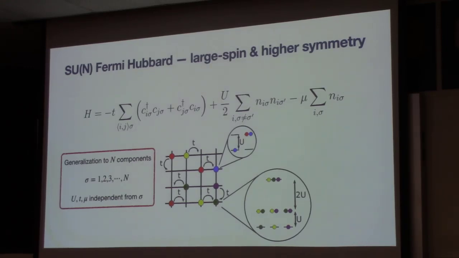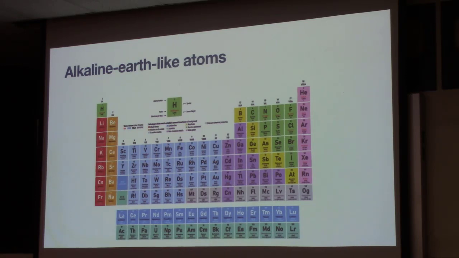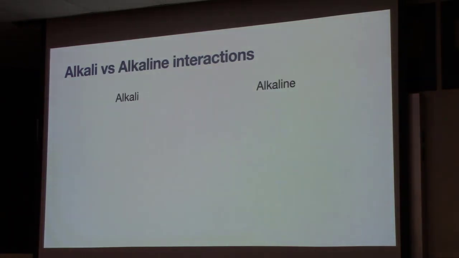So if we look at the periodic table, the atoms that are being used are strontium-87 and ytterbium-173, which have a large nuclear spin, in this case 9/2 and 5/2. So why is this important, or why do we have this SU(N) symmetry? Well, this is because of how the different atoms interact with each other.